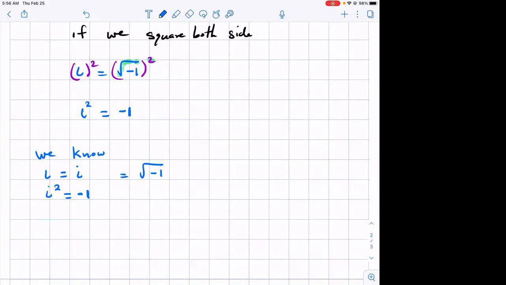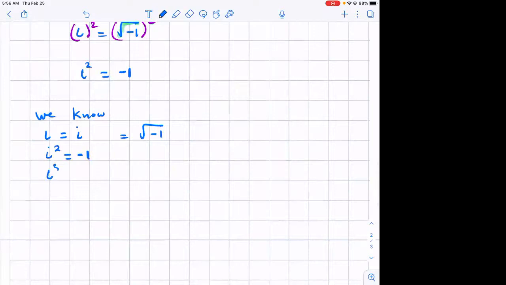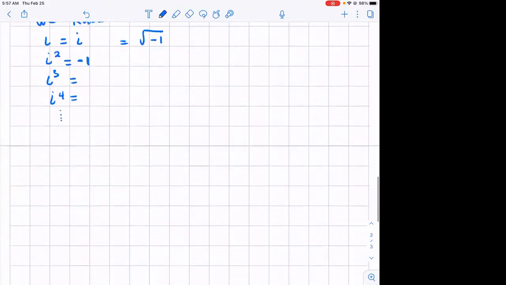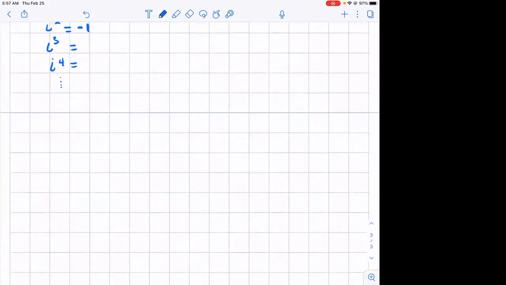And we can continue doing this and find what is i cubed, what is i to the 4th, and this can go on and on and on. There are little techniques in how you simplify these things. i squared will always help you.